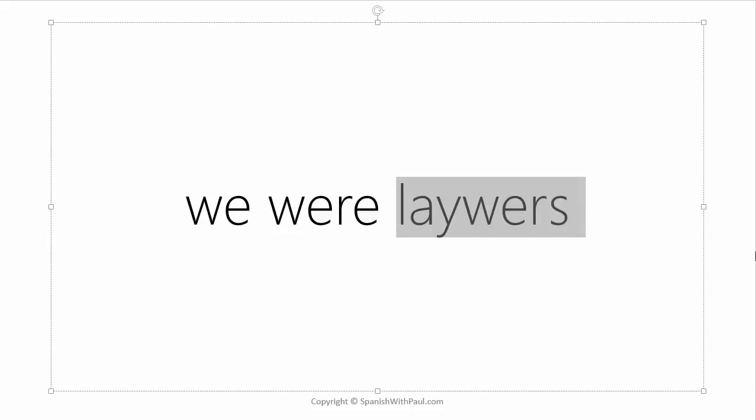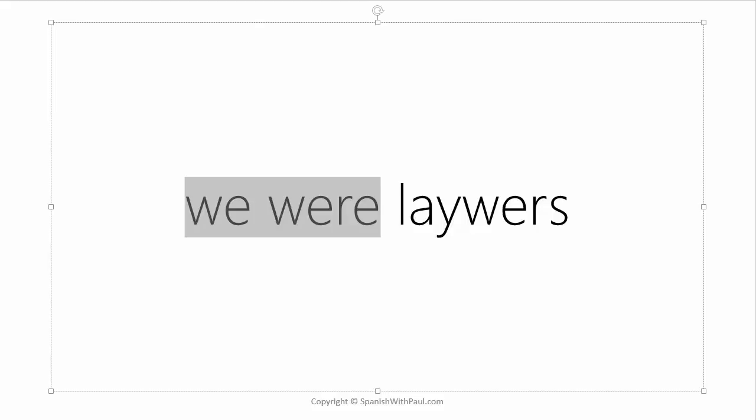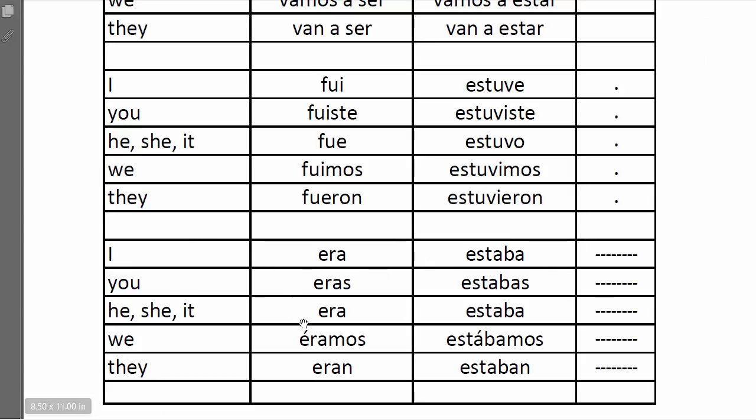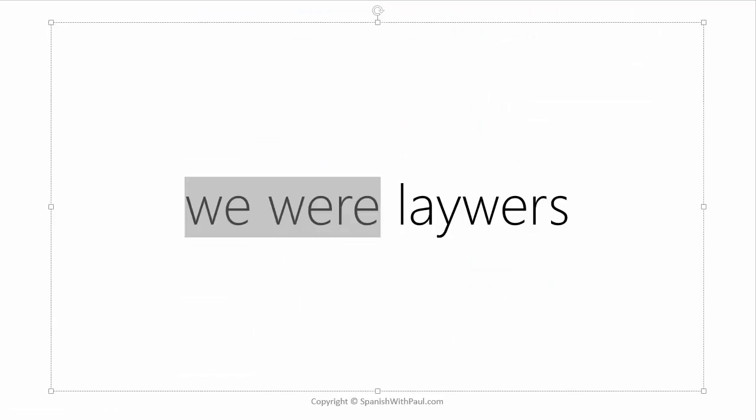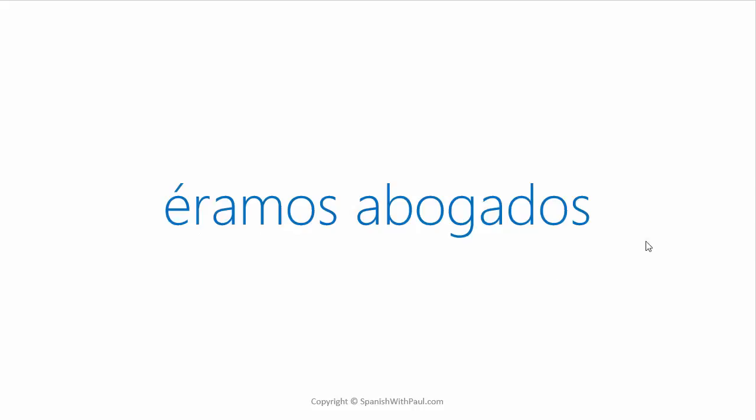Now, line or a dot? I'm going to choose a line because we have nothing measurable here. So for we were, it's going to be ser with a line. It's going to be éramos for we were. So it would be éramos abogados.